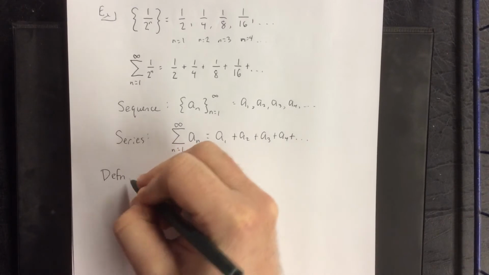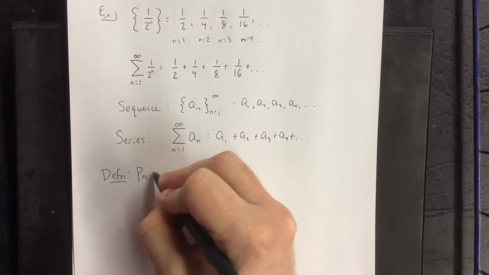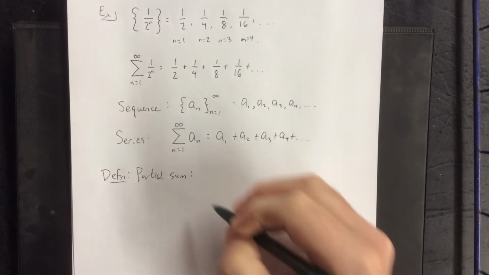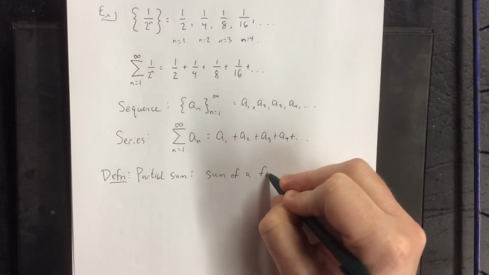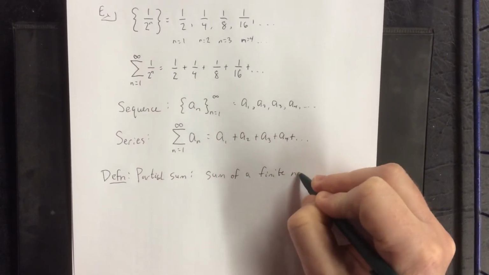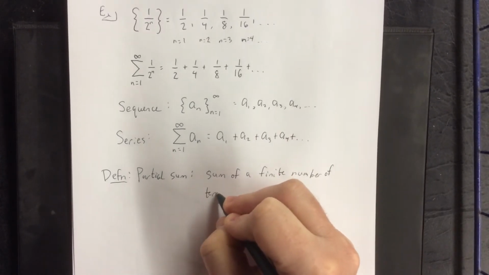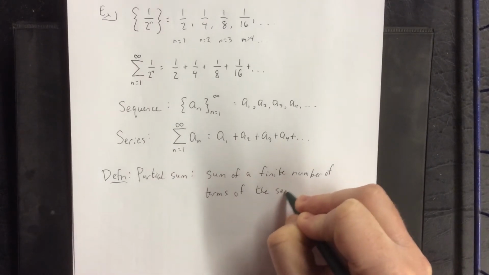The way that we do so is by defining a partial sum. A partial sum of a series is the sum of a finite number of terms of the series.